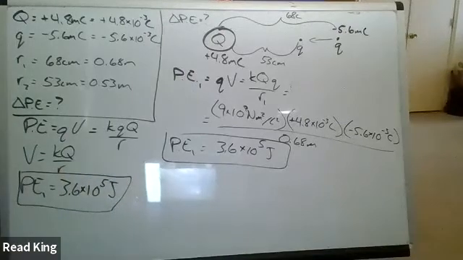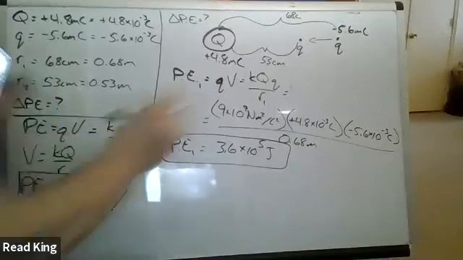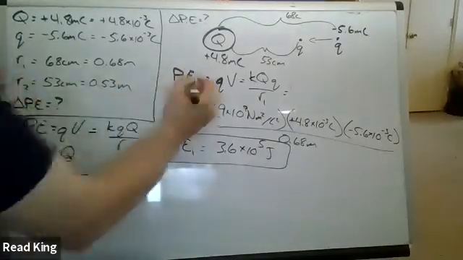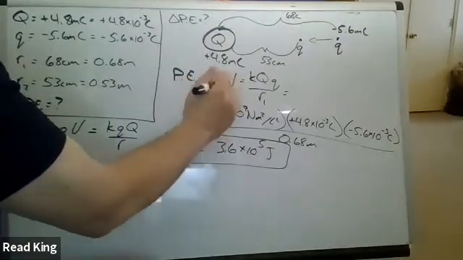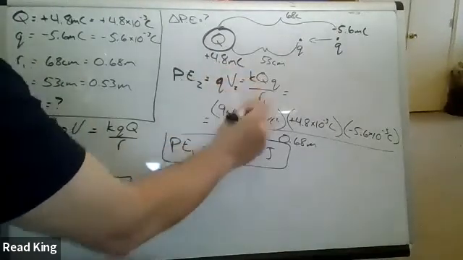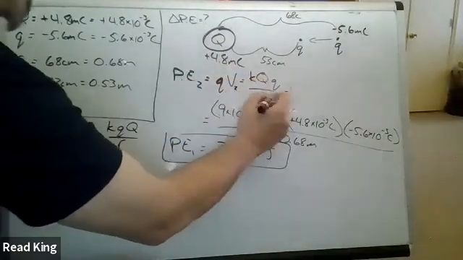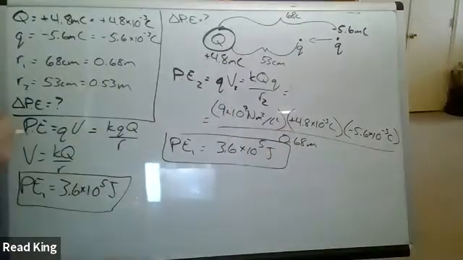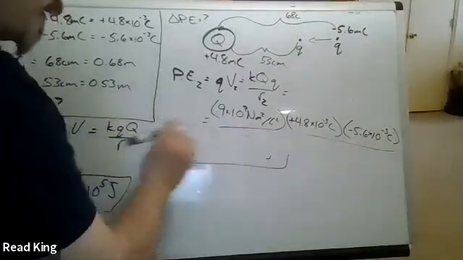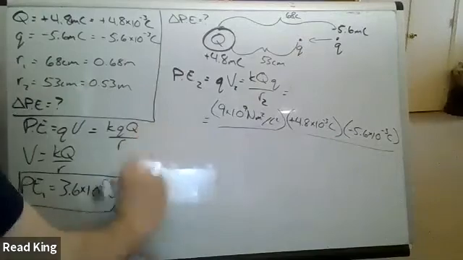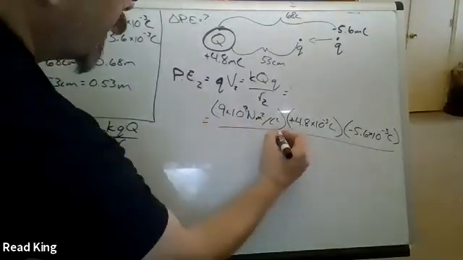So that's the initial potential energy. We do it again, and I'm going to cheat here. Potential energy number 2 is going to be K, that was V1, now it's going to be V2, which is going to be over R2, the only change there. C3PO will answer the rest of the question for those that got that.